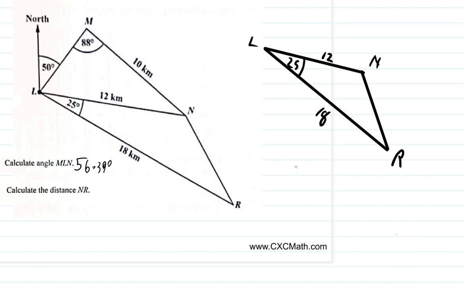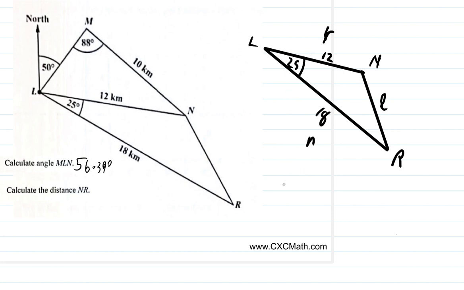We use the sine rule again. It says the length of this side. Let's label the sides. This angle is uppercase L. This side, I call it lowercase l. This angle, uppercase N. This side is lowercase n. This angle, uppercase R. This side is lowercase r. Remember, it's the same letter but different case for the side that is opposite the angle.